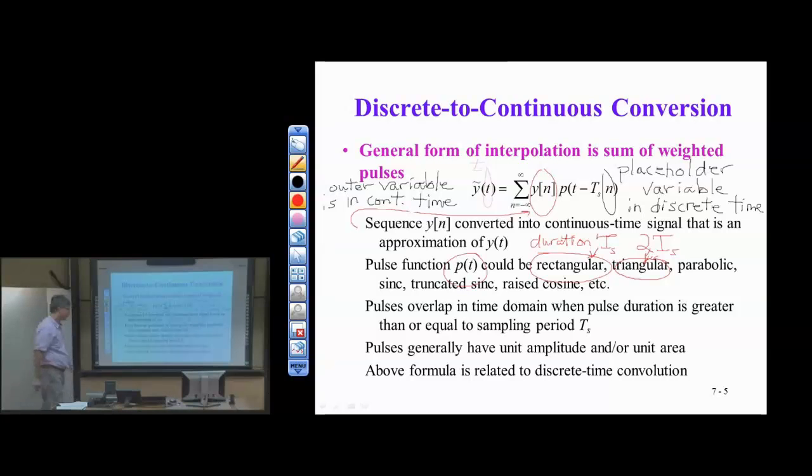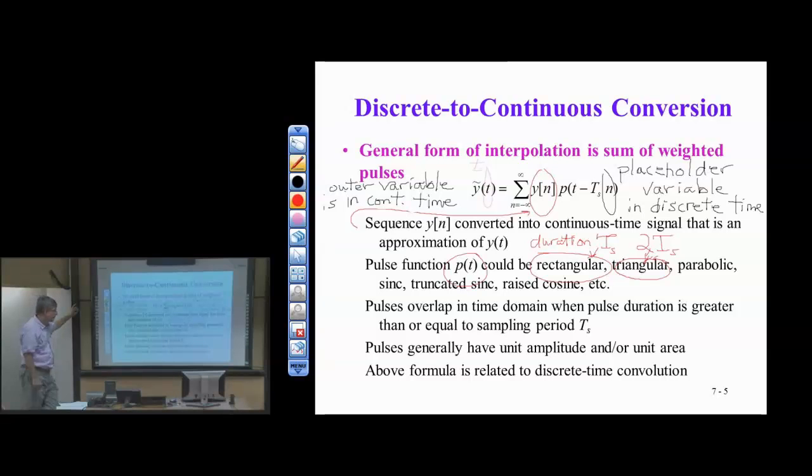And I'll have more slides on this to follow. You may get overlap in the time domain, and you will for any pulse shapes other than rectangular on this list. There'll be some overlap. That's fine. It's not a problem. And then also in the frequency domain, we'll see if there's overlap or not. One would expect some.